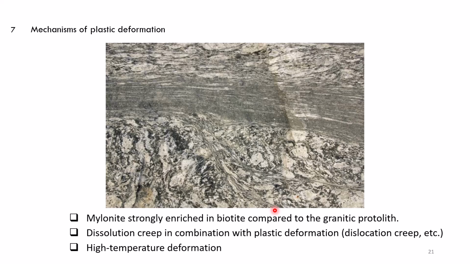This is a typical feature of strain partitioning that we will find in greenschist and amphibolite facies conditions. This appears to be an amphibolite facies shear zone because we see significant plasticity of feldspar, which takes place only above a threshold temperature of about 500 or 550 degrees.